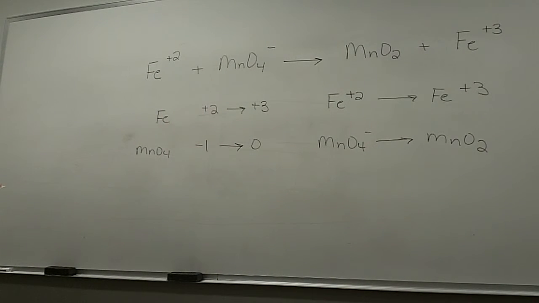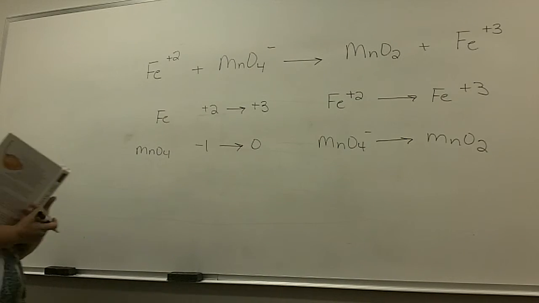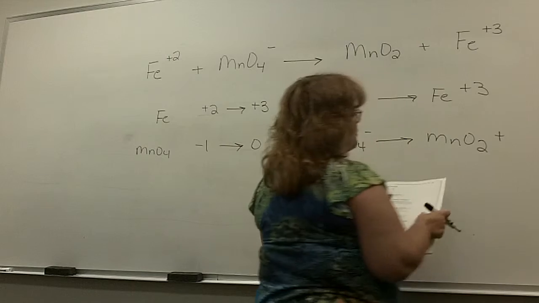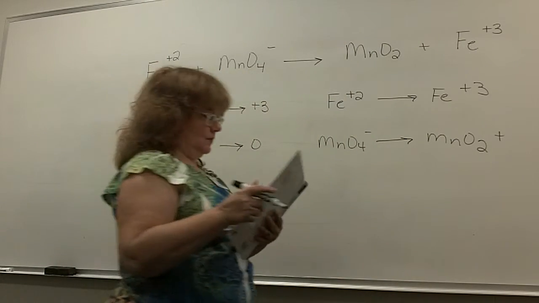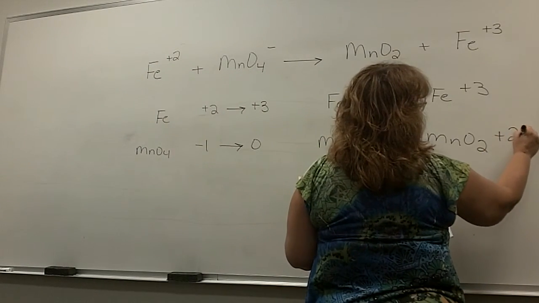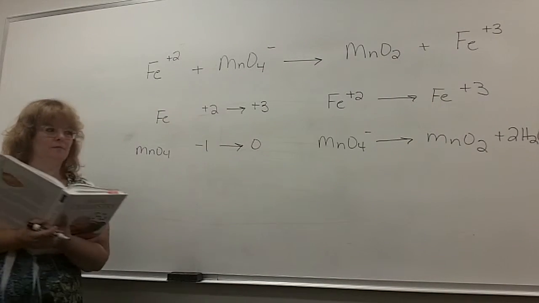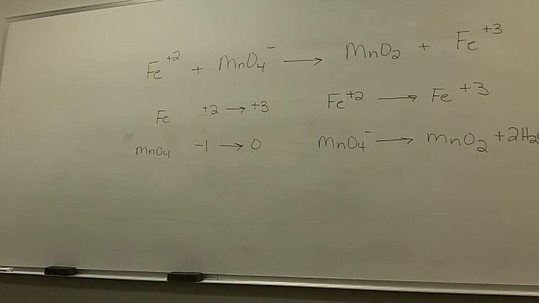Which one do I need to add water to balance the oxygens? The one on the bottom. And we've got to add it to here. So how many do I have to add? So now I've balanced out my oxygens by adding 2 waters.